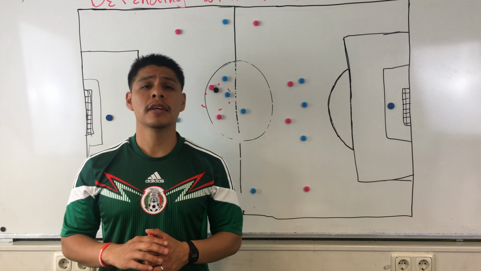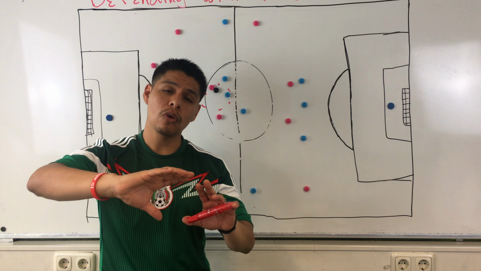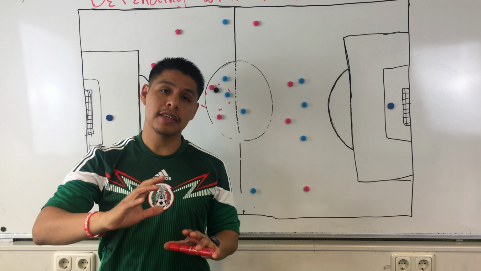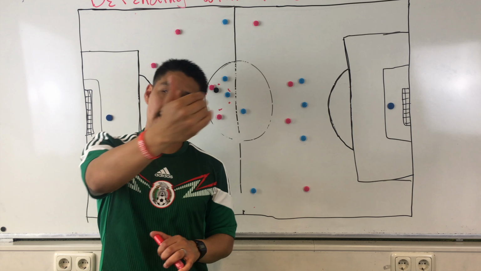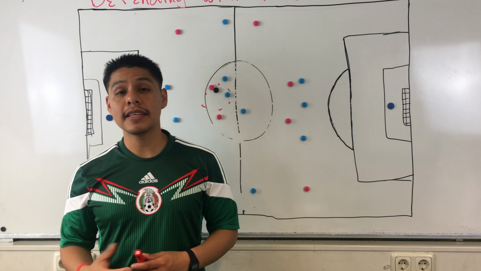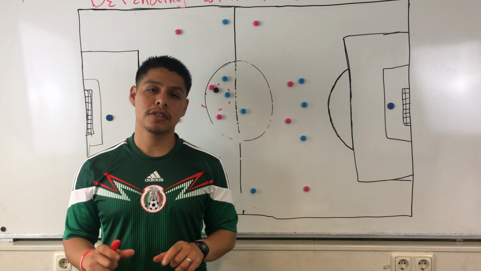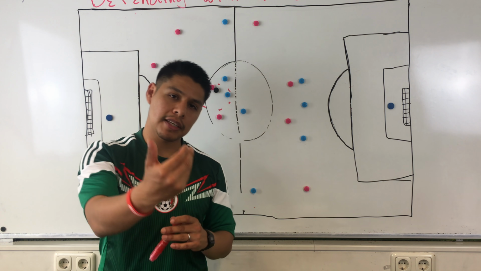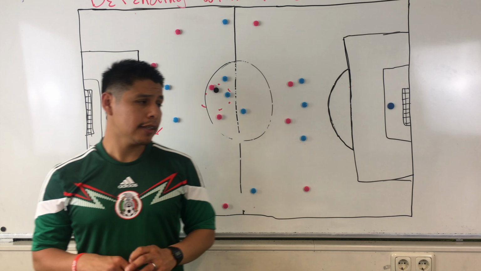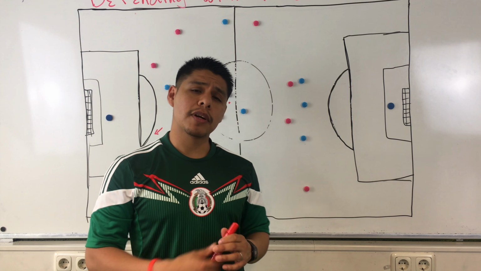We do not want that, so we would try to just control that situation, or try to prevent the passes to penetrate down the middle, and then try to get the ball to move to the outside, where we can at least get an even number situation, and then buy some time to get one of the center backs to help out. And that's something that we want to consider.